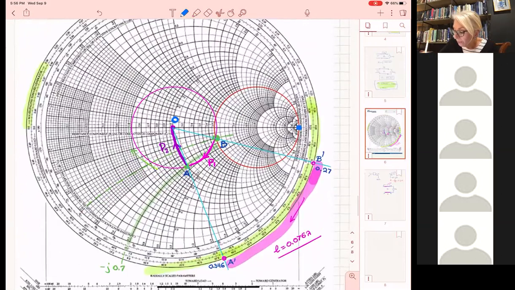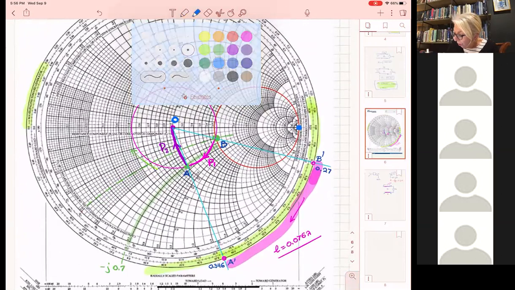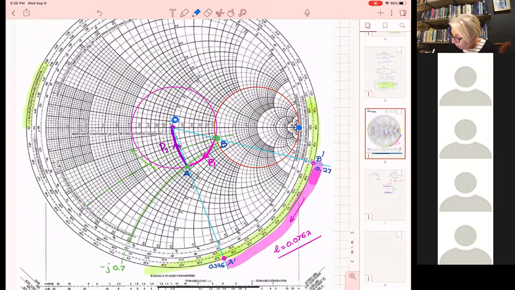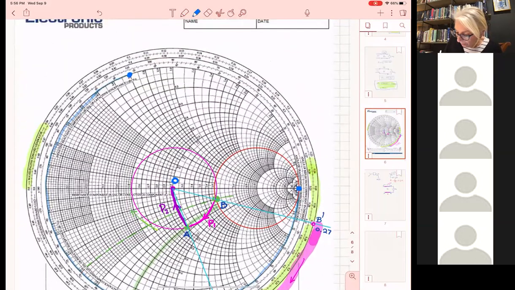So I will have to move all of this distance around, all of it, until I find this point. Okay?